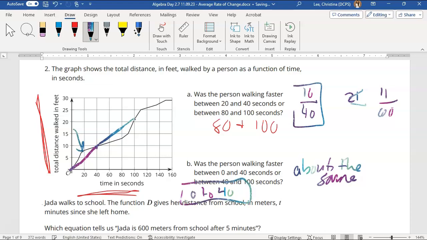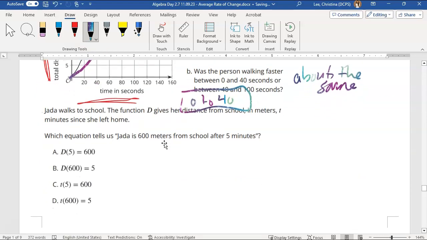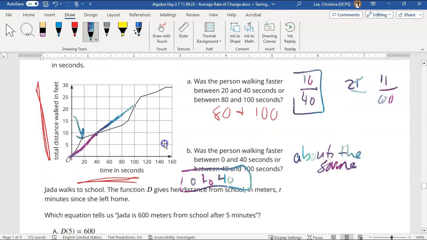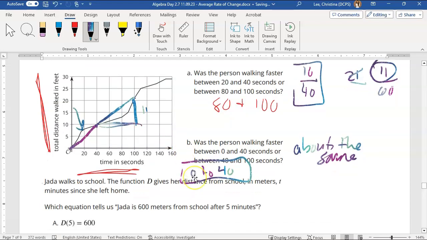So I'd say this is probably a little bit faster. If we just look at the line, it's a little hard to tell, but if we calculate, then we'll see that change more accurately. And again, I got this from the change of y, so 21 minus 10, that's 11 here, and then my change in x is 100 minus 40, which is 60.